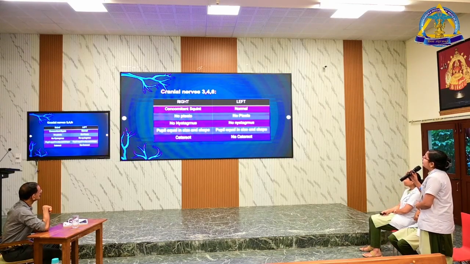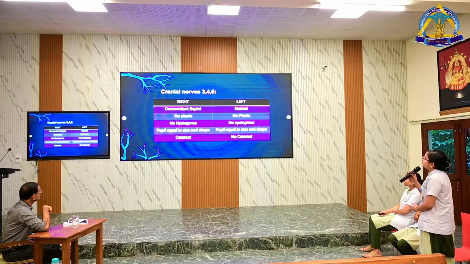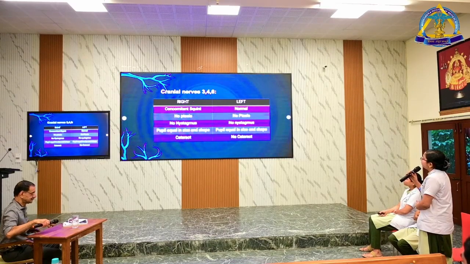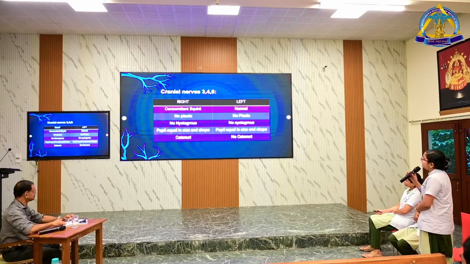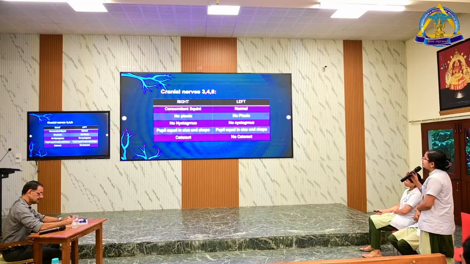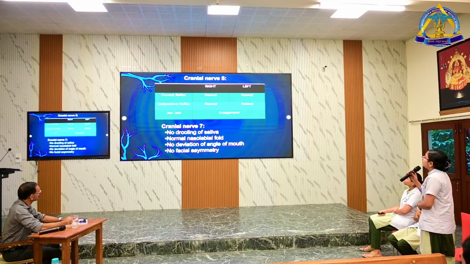Cranial nerves 3, 4 and 6. In the right eye there is concomitant squint, left eye is normal. There is no ptosis, no nystagmus in both eyes. Pupils equal in size and shape in both eyes. In the right eye there is cataract, left eye appears normal, no cataract. Cranial nerve 5, corneal reflex and conjunctival reflex are normal in both eyes.